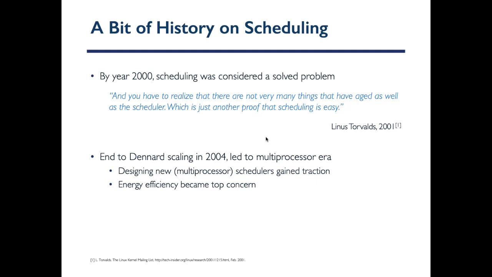But then when we moved to the multiprocessor era and all the nitty-gritty of it, people started seeing that, okay, we need new schedulers, we need new policies. At some point, energy efficiency also became an issue and had to be taken care of.